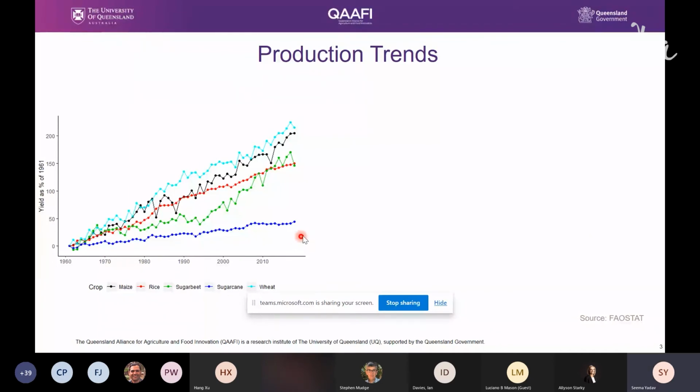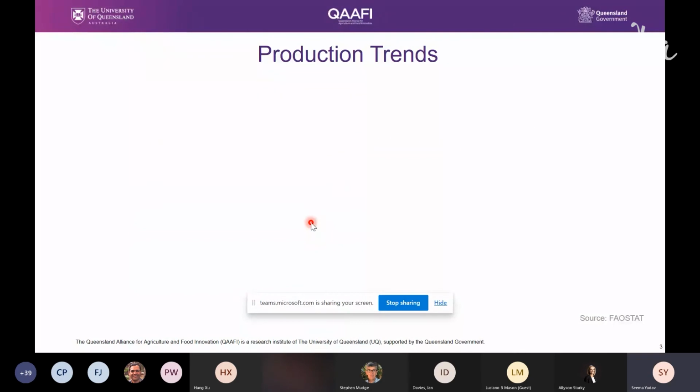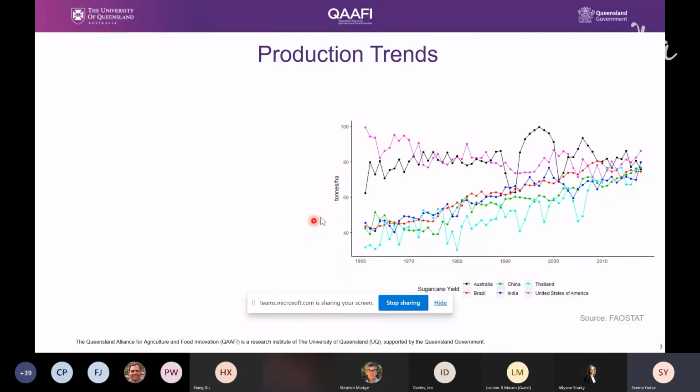But the rate of improvement in sugarcane is low compared to other major cereal crops. Whether we talk about Australia, shown by the black line here, or other top sugarcane producing countries, there is no substantial gain we can see in sugarcane yield in the last 2 decades, or we can say that the trends tend to be plateauing.